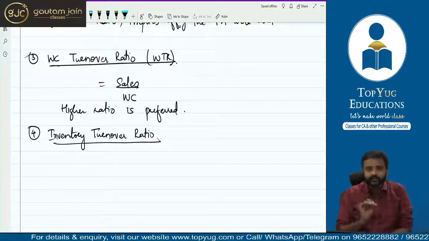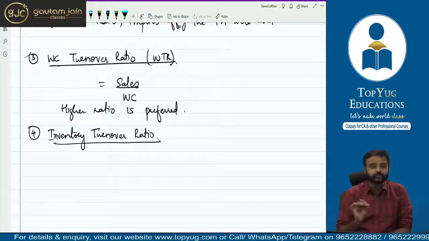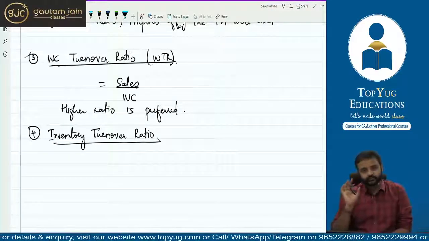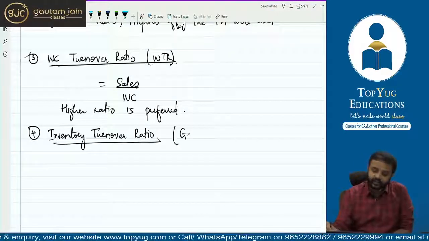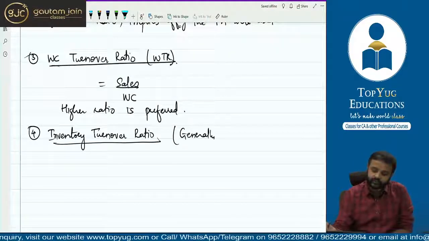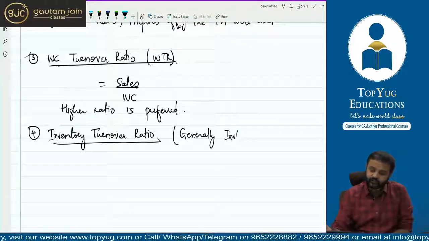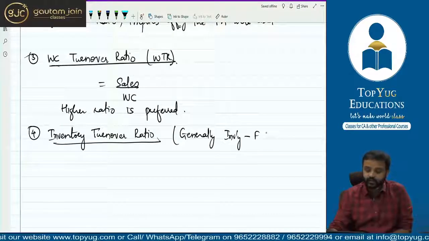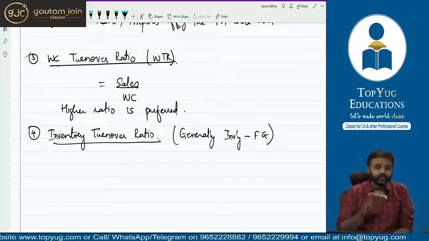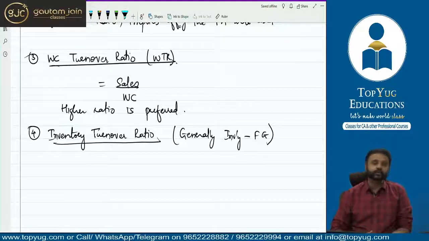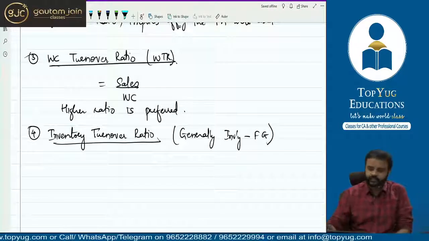Normally when nothing is specified, please presume that it is of finished goods. Okay, when nothing is specified, please understand, generally inventory denotes inventory of finished goods. If they themselves mention raw material, then that is where we'll have to take raw material. Okay, fine, sir.